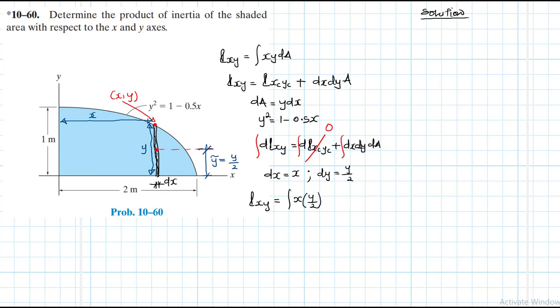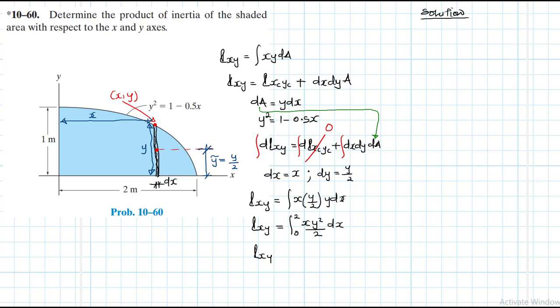what's our dA? Our dA is y dx. This is our dA here. Okay, we are fitting it there. So if we simplify, this becomes equal to, integrating along the x-axis from 0 to 2, x y squared divided by 2 dx.